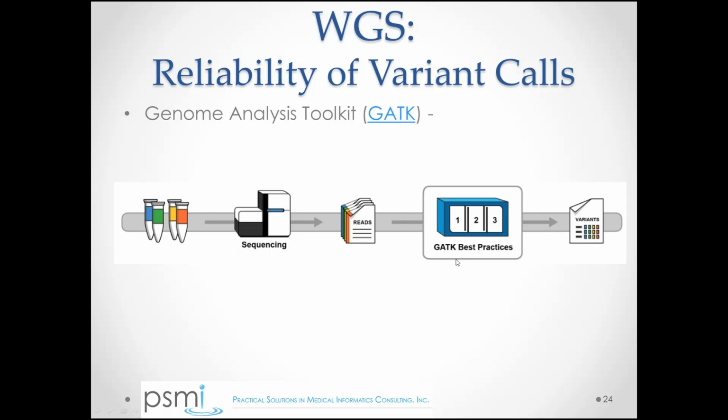It describes the QA steps, it describes the software to be used, and the objective of the genome analysis toolkit is to try to standardize the variant calling process to improve the consistency that you see. If you give these specimens to 2 different labs, the aim is to approach the point where you're getting back the same list of variants from different sources.